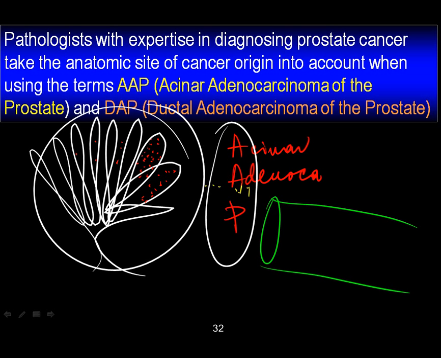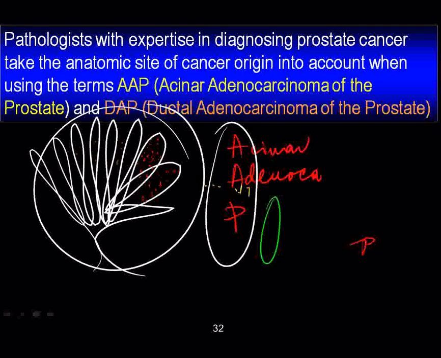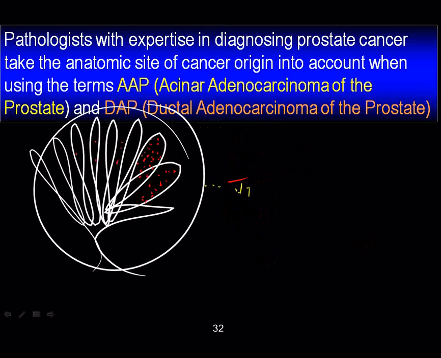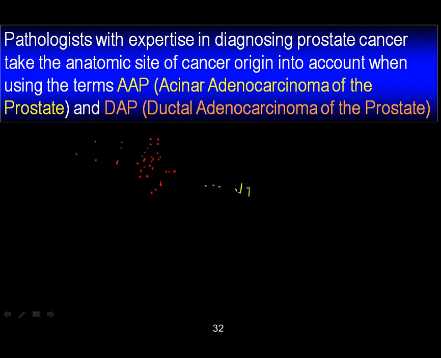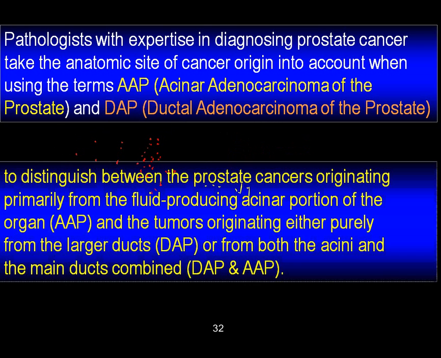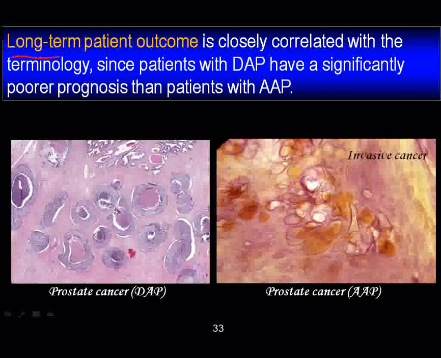Fascinating. Likewise, the other extreme, when the cancer cells are originating from the cells lining the ducts, they call it DAP. And it not only fascinated me because it was simple, but because it was right on target, namely the AAP and the DAP have direct relationship with the long-term patient outcome.